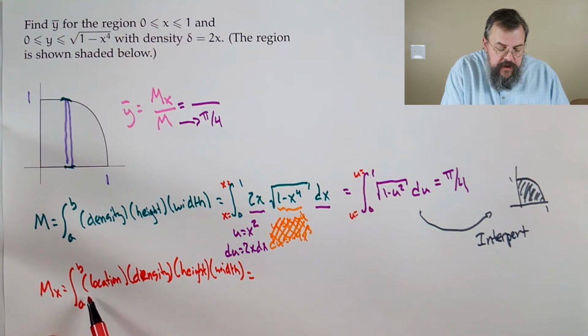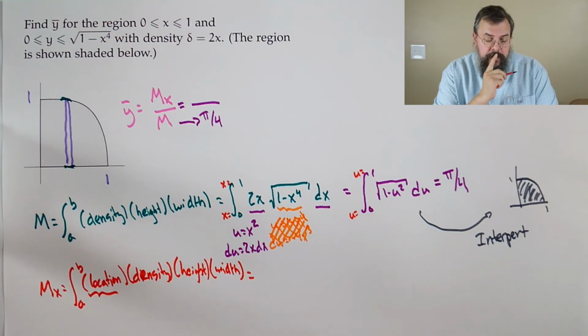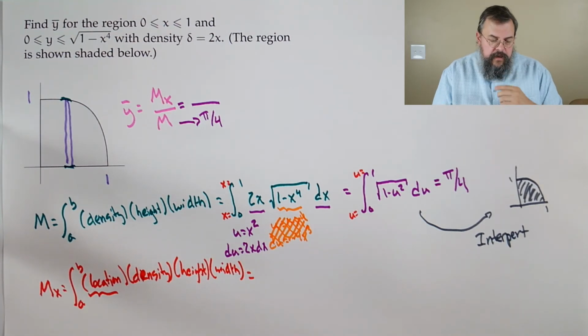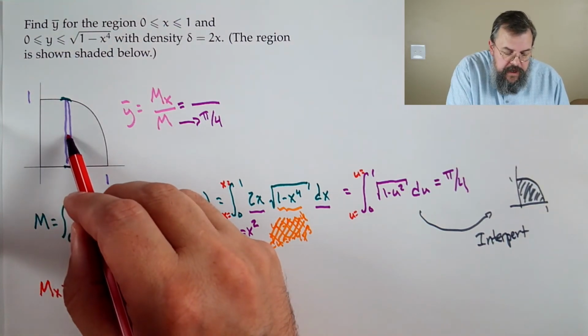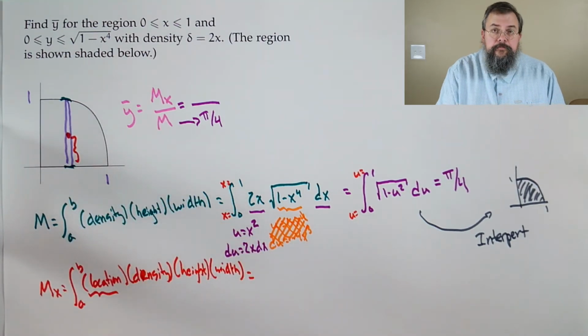Let's talk about our location. What is our location? Well, we're looking for our location relative to the x-axis. So if this is my center, that's this distance right there.